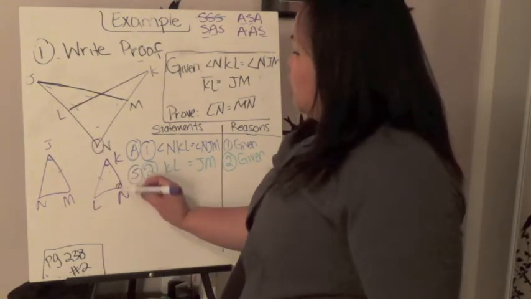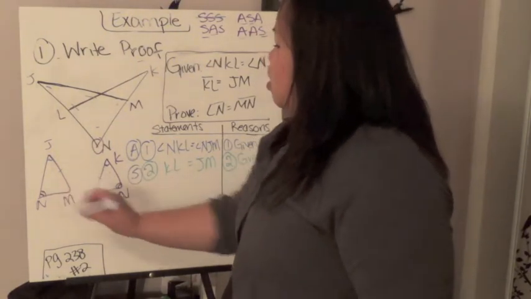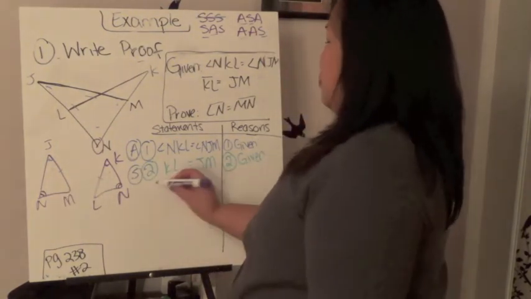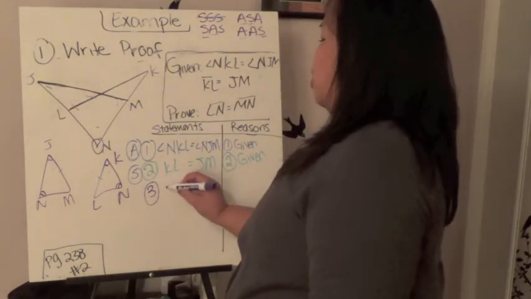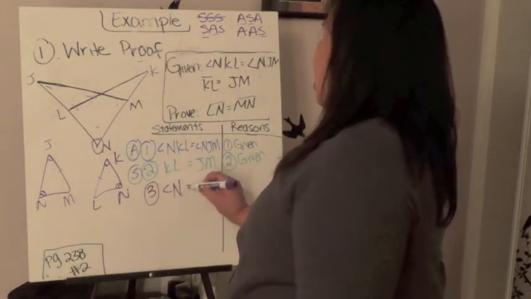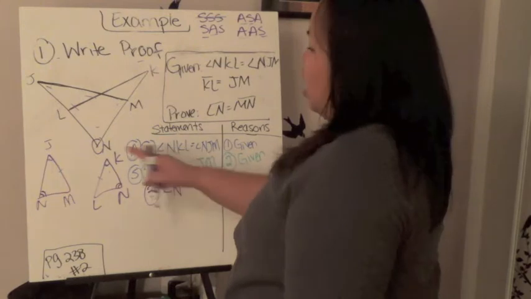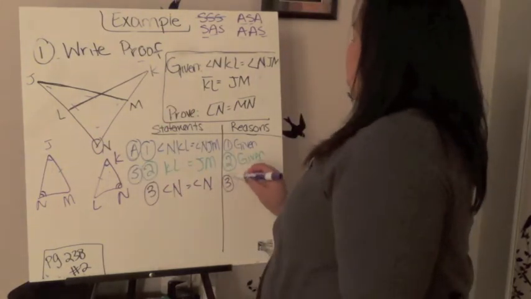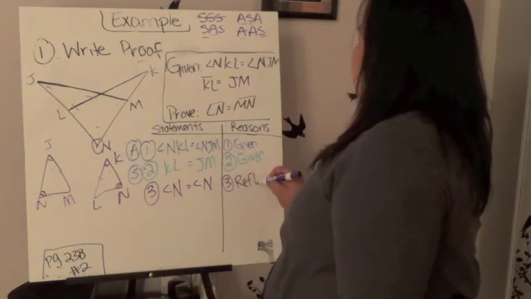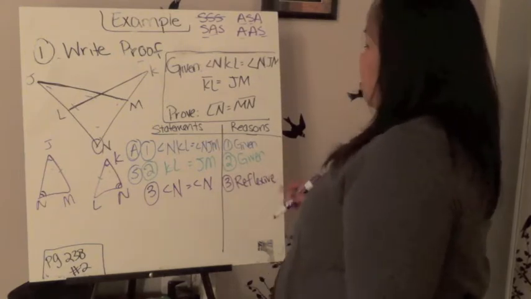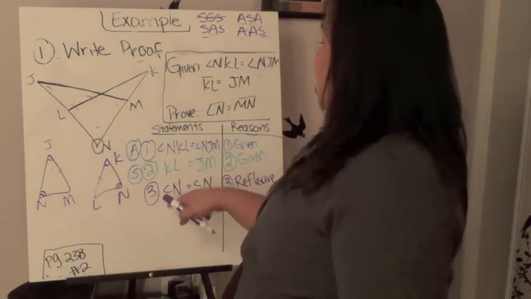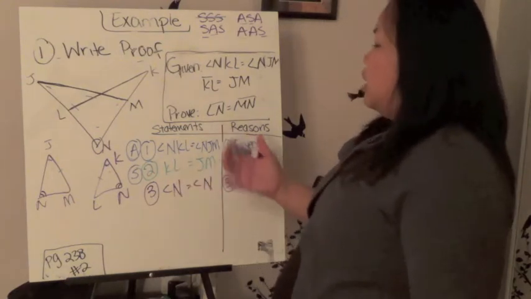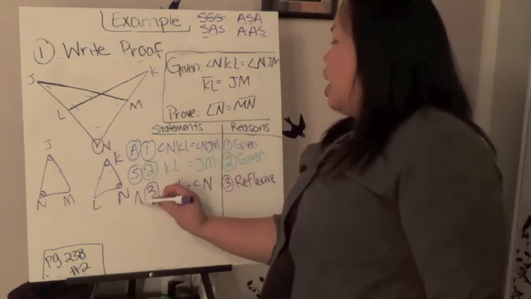So I know that this equals this, and that again is called the reflexive, remember? Angle N equals angle N, and because angle N is only one angle, I can just say angle N. This is reflexive, because it equals itself. So this is another angle.